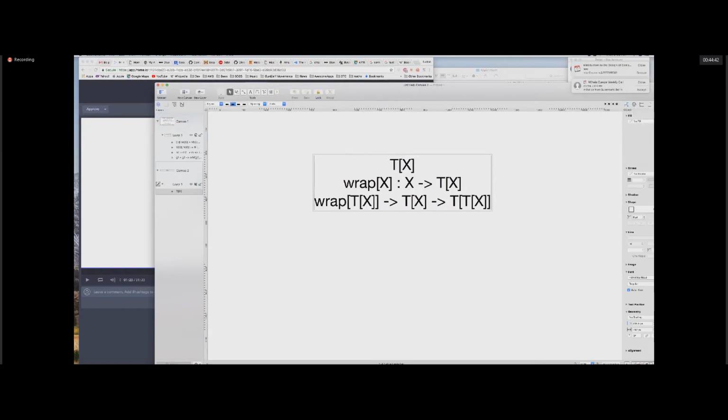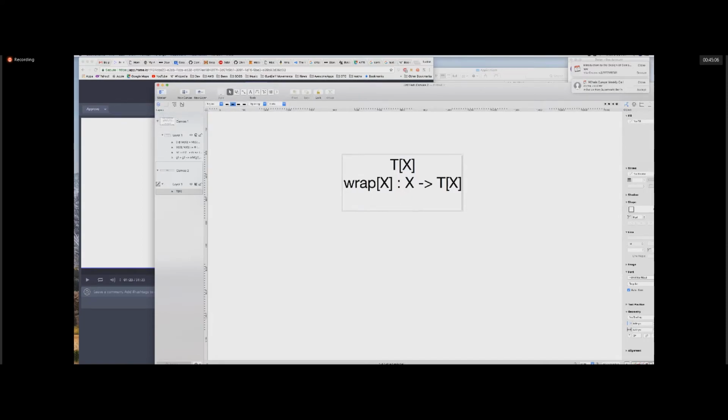So what wrap really does is it gives you a nesting function. It shows you how to nest T's. So if T is your shape, wrap is how to nest things inside the shape. And then since we can nest, we'd like to be able to flatten the nested structures.